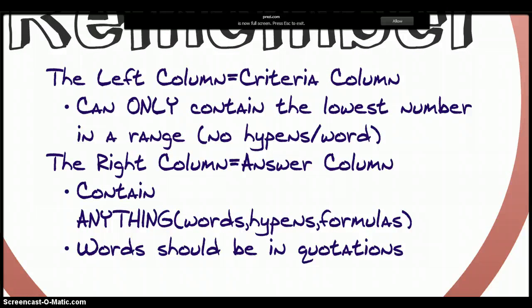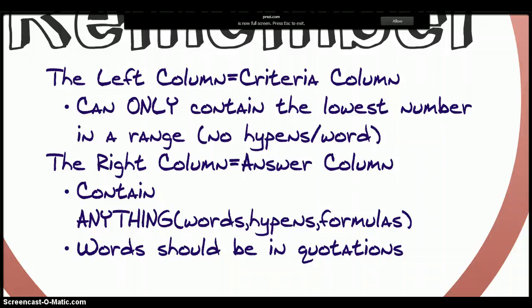So now, different things to remember. First, what we were talking about earlier, column B, or the left column, is your criteria column. It can only contain the lowest number in the range. Again, remember 0, 70, 74, 80, and 90, all the lowest numbers of the ranges for our grading scale. Anything in the left column cannot contain hyphens or words.